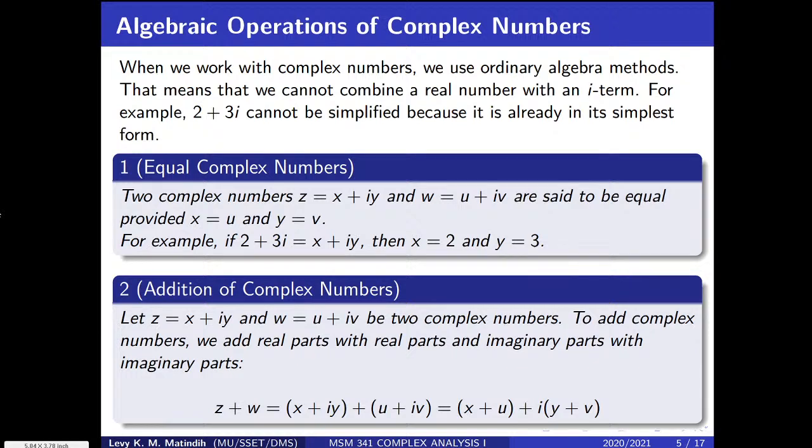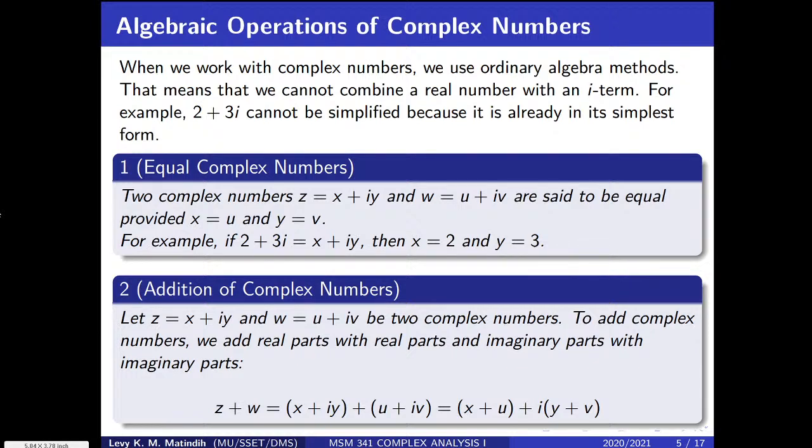For example, if I ask you to add a plus b to 3a plus negative 3b, you add the like terms together. Even under complex numbers you can add them: you combine the real parts together and the imaginary parts together.